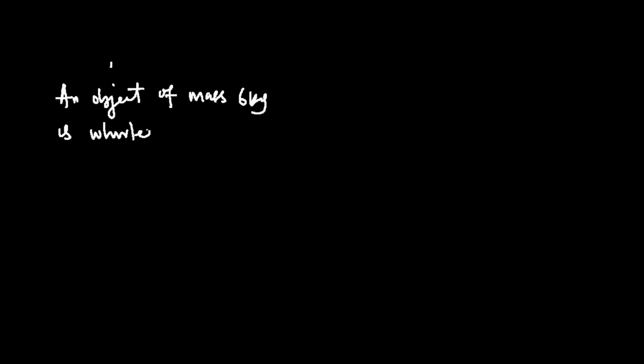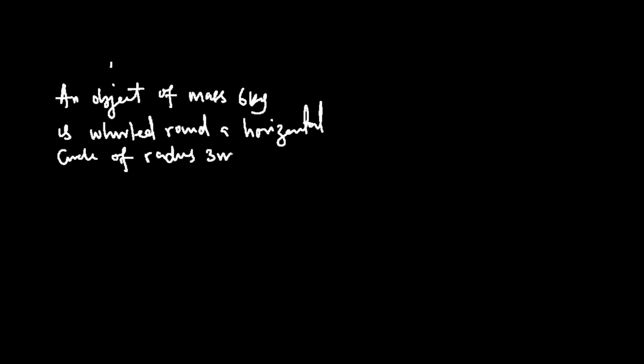Sir, please repeat the question. An object of mass 6 kilogram is wheeled round a horizontal circle of radius 3 meter by a revolving string inclined to the vertical.